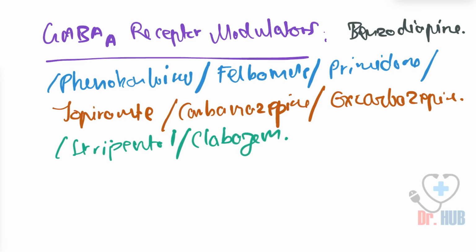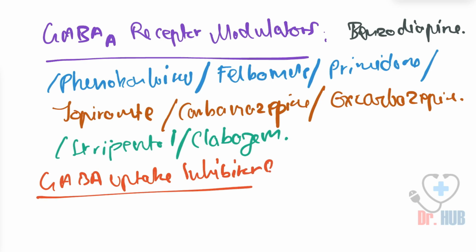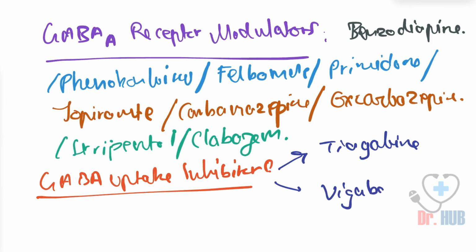Then we move on to the GABA uptake inhibitors. So under the GABA uptake inhibitors, this includes the tiagabine as well as the vigabatrin.